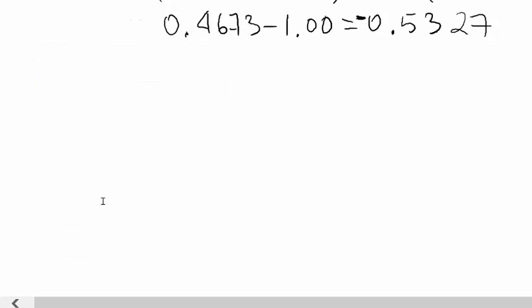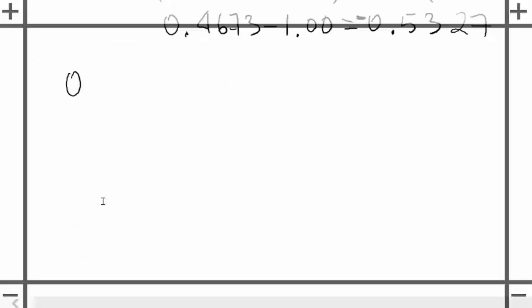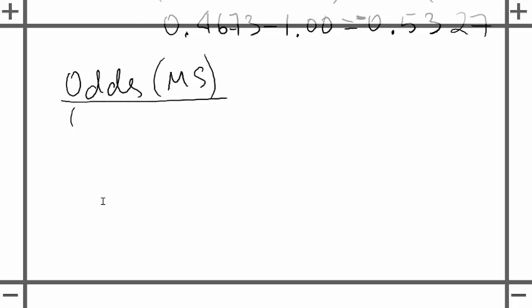So, here's what I'm going to do. First, I'm going to calculate the odds ratio for masters versus bachelors. So, odds for MS compared to the odds for BS.